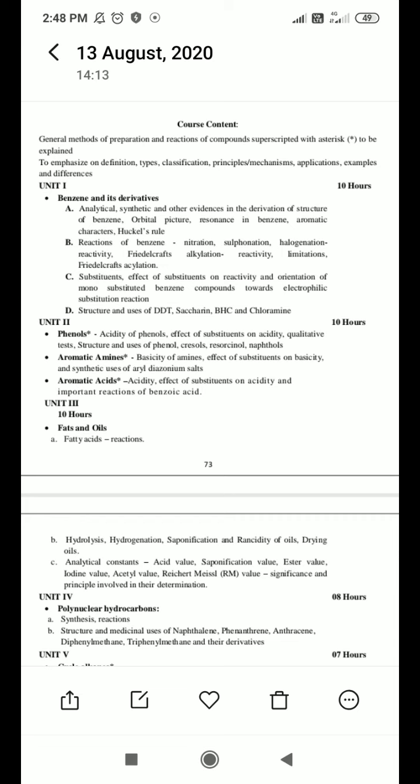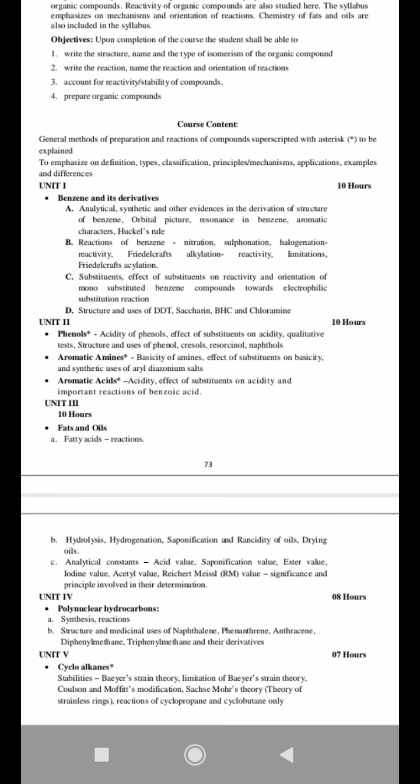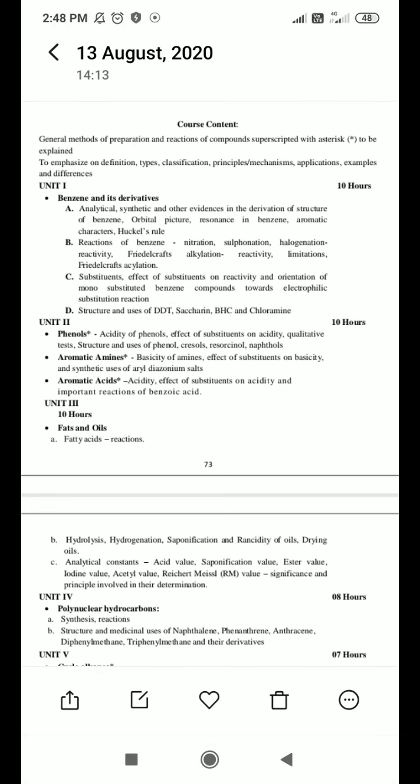This is one type of analytical evidence. Likewise, using different analytical instruments and methods, like IR, NMR, mass spectroscopic methods, we can say that benzene has an 80 degree Celsius boiling point.